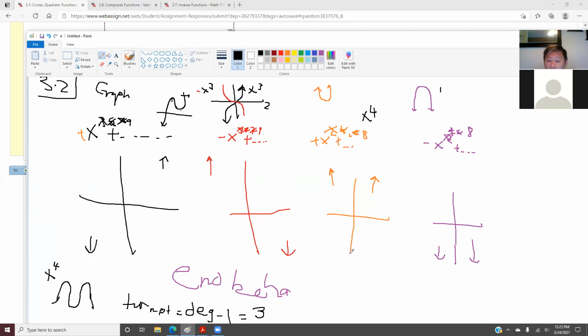Then the last thing we'll talk about is multiplicity. Multiplicity is where you get, let's say, a number here to the power of n. If this n is odd, we call it odd multiplicity, like 1, 3, 5, 7, then it will cross at this number.